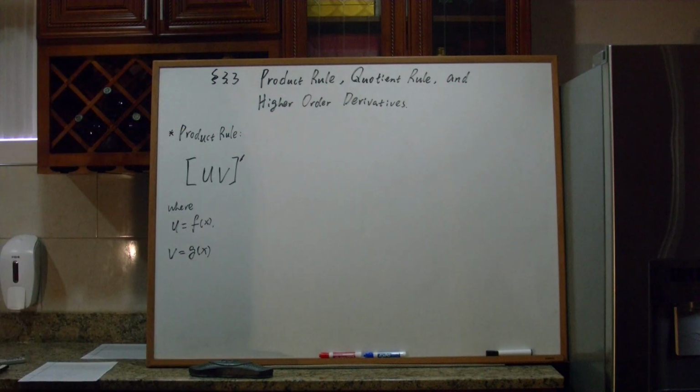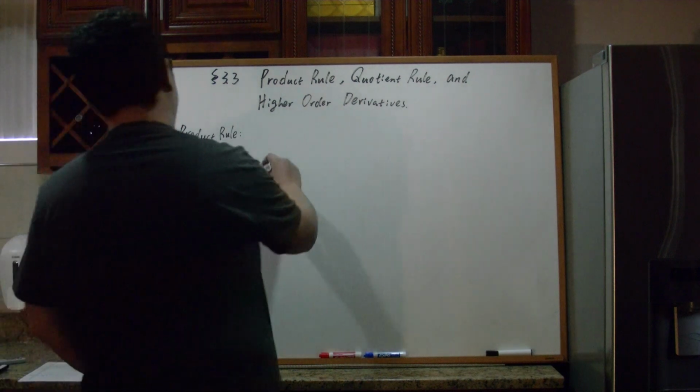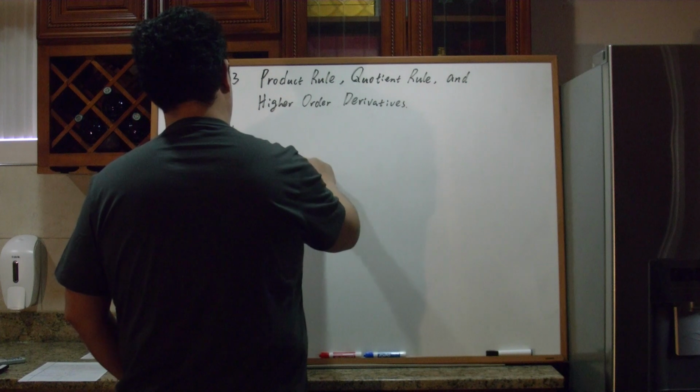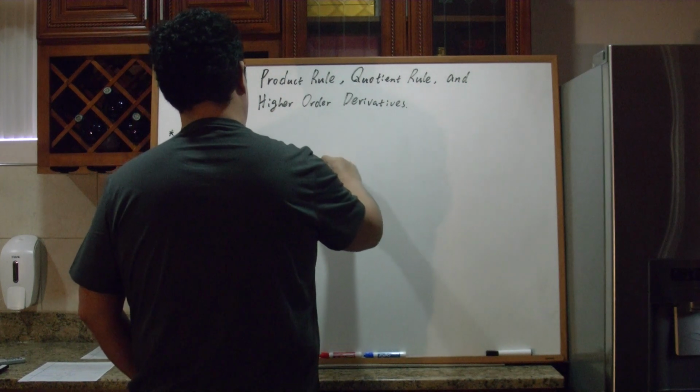Where u is f of x and v is g of x, there are two different functions, and we take the derivative to be u prime times v plus v prime times u.